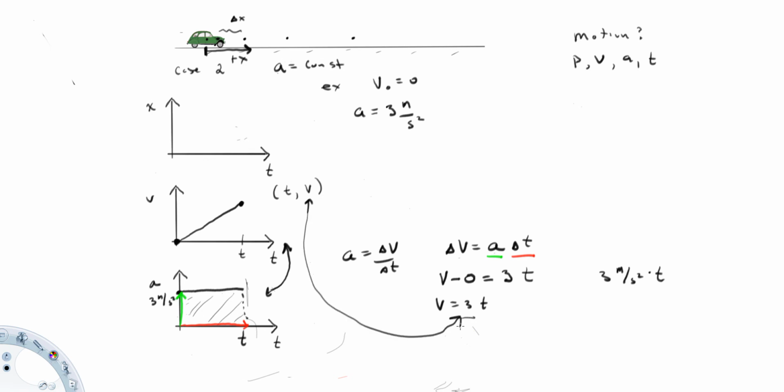Okay. Now, going from velocity graphs to position graphs. Keep in mind what velocity is, at least average velocity: delta x over delta t. This can be quite easily rearranged, so your delta x is velocity times delta t.